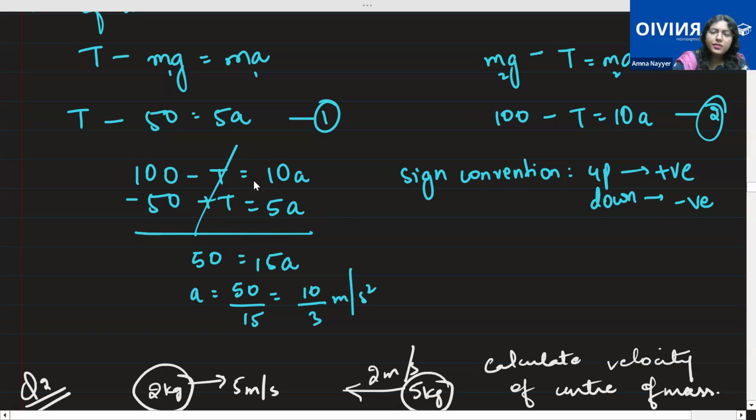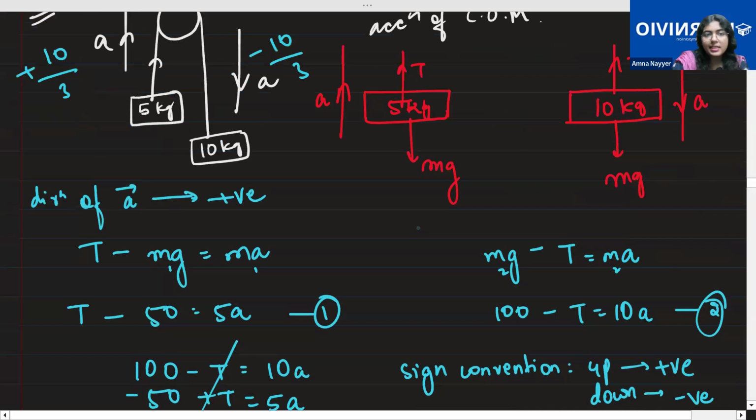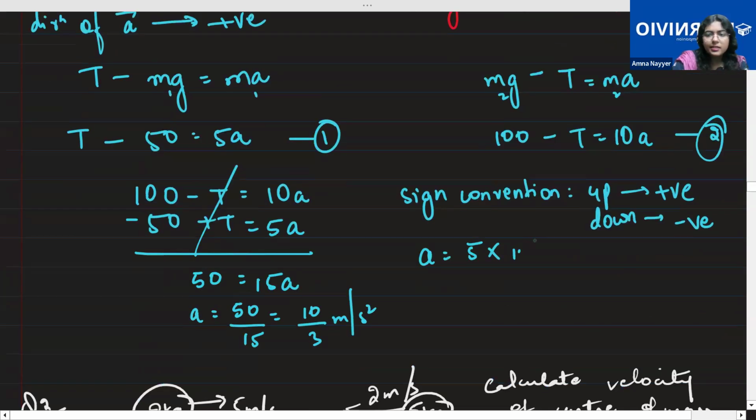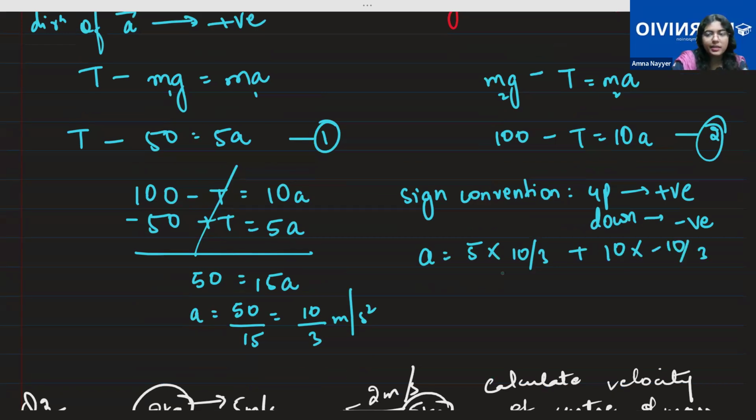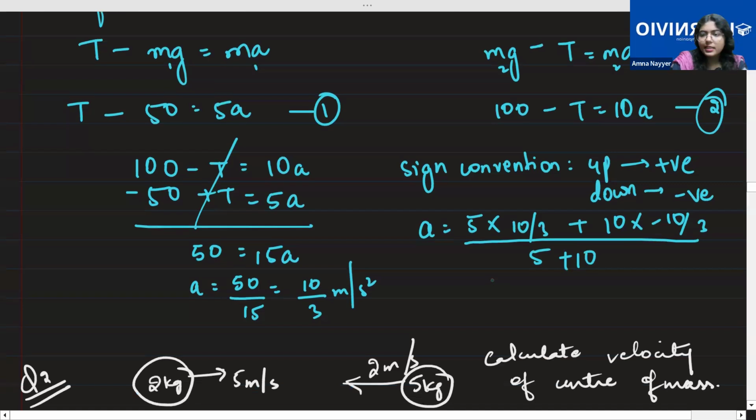Now see, everything is very clear. When you calculate the acceleration of center of mass, what is mass 1? 5 kg, with acceleration 10 by 3, plus M2, which is 10, into acceleration minus 10 by 3, divided by M1 plus M2, that is 5 plus 10. This has to be solved further.